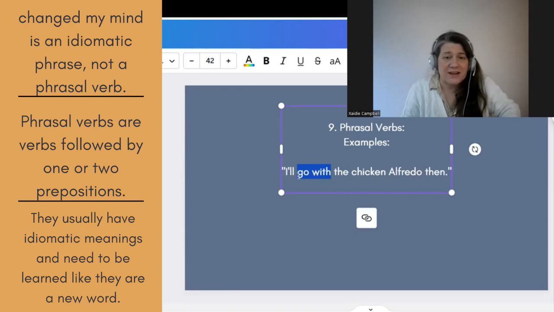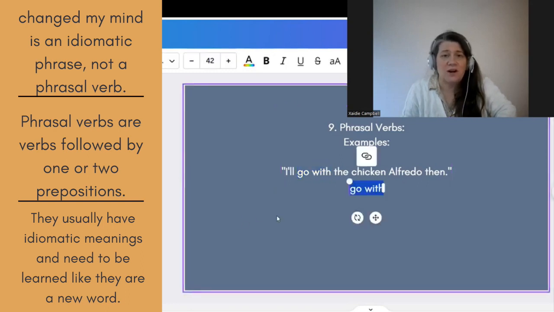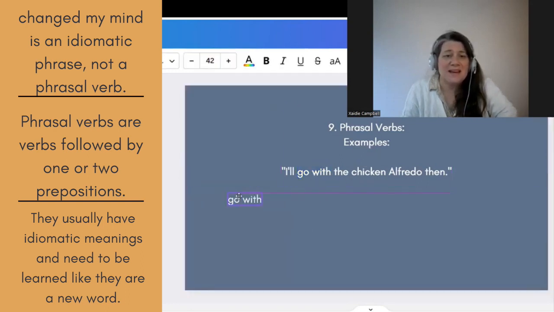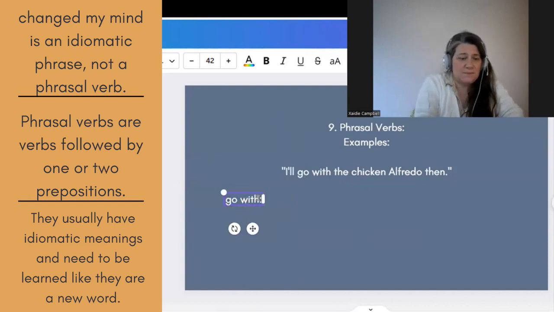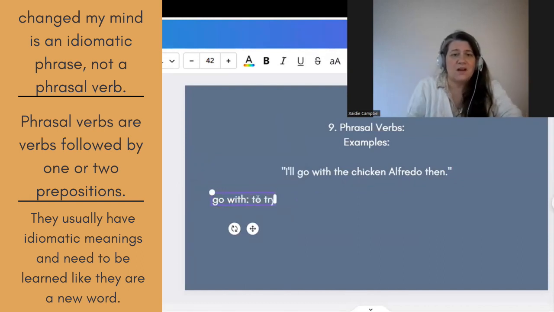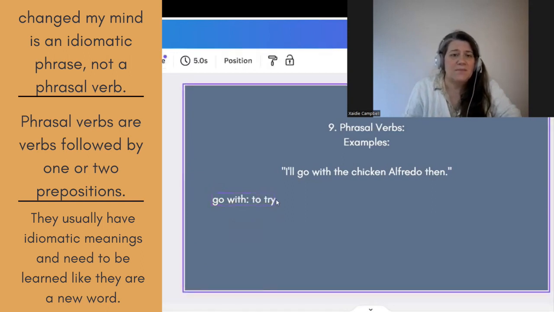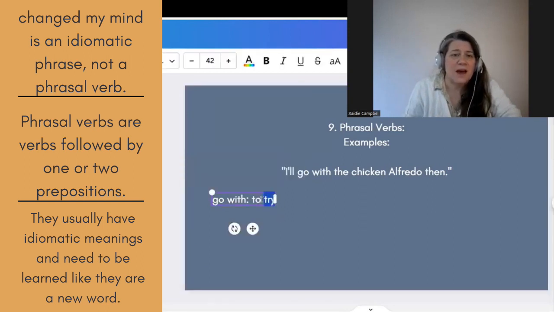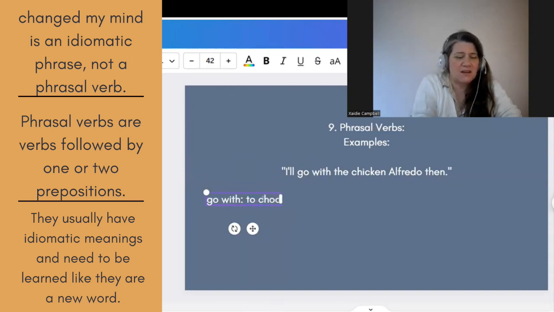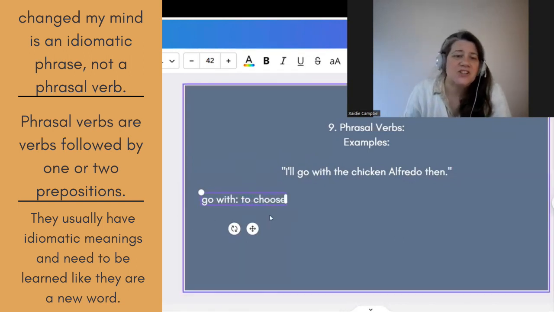So with phrasal verbs, what you have to look for is the meaning and what does it mean. I'll go with, or I'll try it. Maybe or to choose. Maybe that's a better meaning. I choose. I go with. Okay.